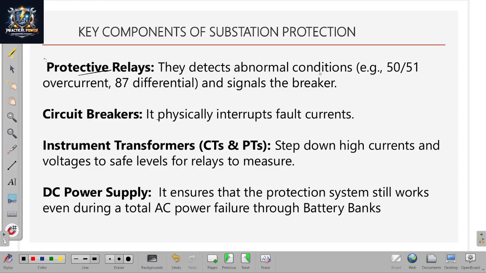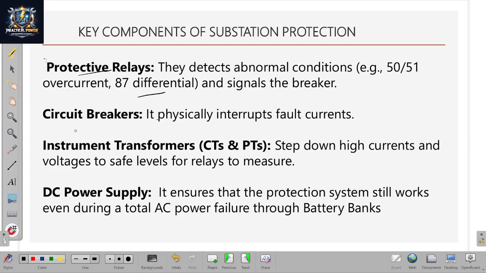They detect abnormal conditions, for example 50, 51 overcurrent, and 87 differential. They detect the abnormal conditions and accordingly signal the breaker to trip. The circuit breaker physically interrupts fault currents.